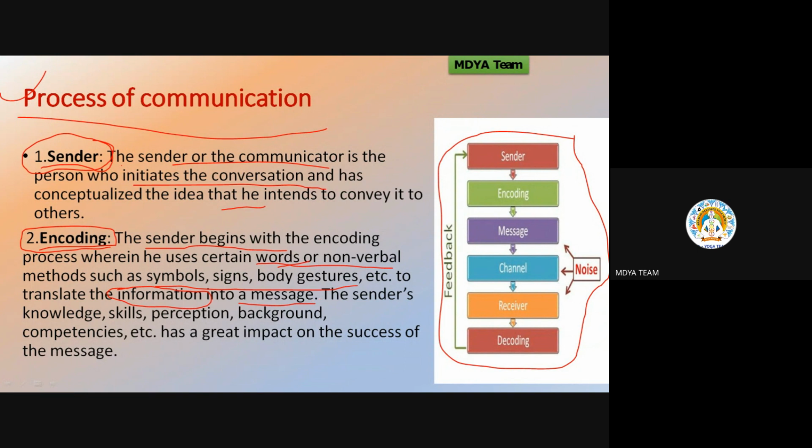This is the process of encoding. The sender's knowledge, skill, perception, background, competencies, etc. have a great impact on the success of the message. So how well the message is delivered depends on all these things.